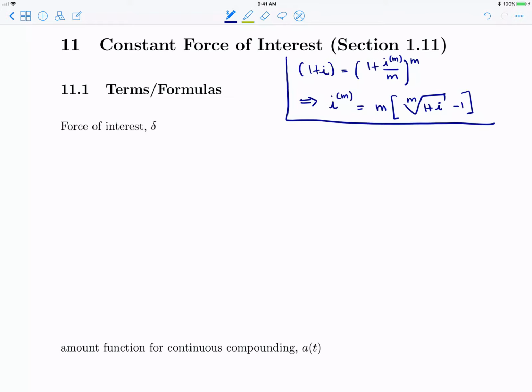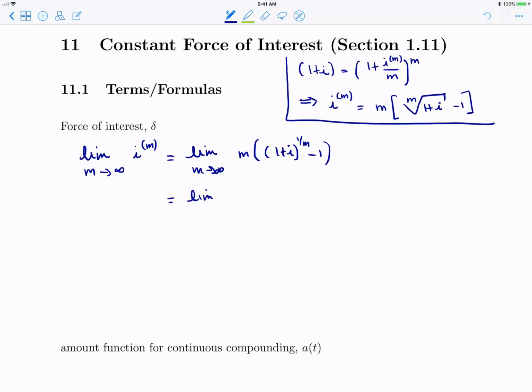So what I want to think about is what happens to the interest rate as the number of compounds per year increases. In other words, what is the limit as m goes to infinity of i_m? So this is the limit as m goes to infinity of m times ((1 plus i) to the 1 over m minus 1).